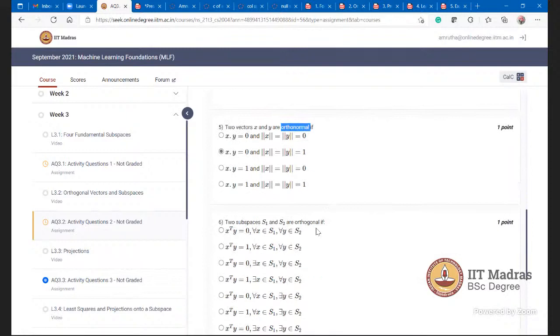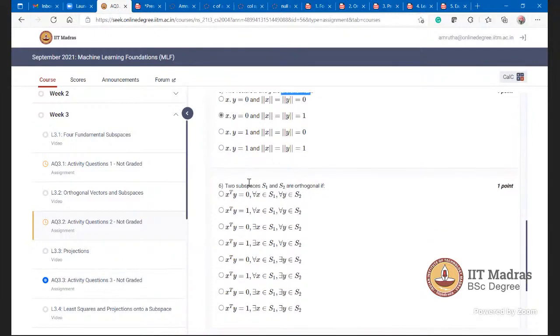Two subspaces S1 and S2 are orthogonal. So far we tried relating the vectors. Now we are going to look at how subspaces can be orthogonal. How can we say that two subspaces are orthogonal? When every vector in the subspace S1 is orthogonal to every vector in the subspace S2. So that is this option, because for all x that belongs to S1 and for all y that belongs to S2, their dot product should be equal to 0.